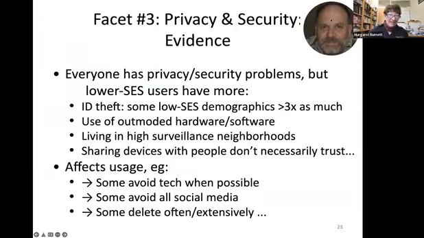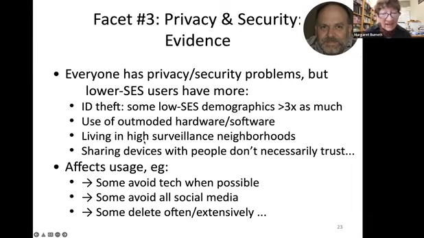So, evidence. Everybody has privacy and security problems. We know that. But lower socioeconomic users have more. Some low SES demographics have more than 3 times as much identity theft happening in their lives. Of course, they're also faced with oftentimes using outmoded hardware or software, which will have more unpatched security leaks than more up-to-date hardware or software.